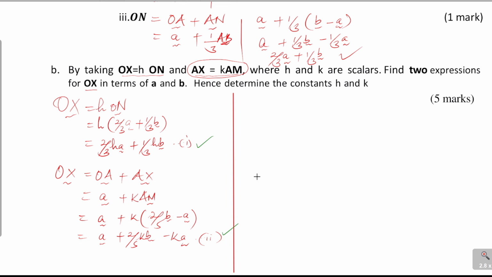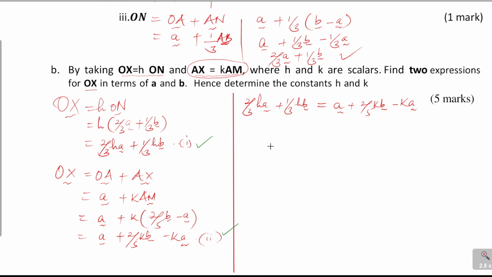You take the first expression, 2/3 HA plus a third HB, and equate that to the second expression, A plus 2/5 KB minus KA.